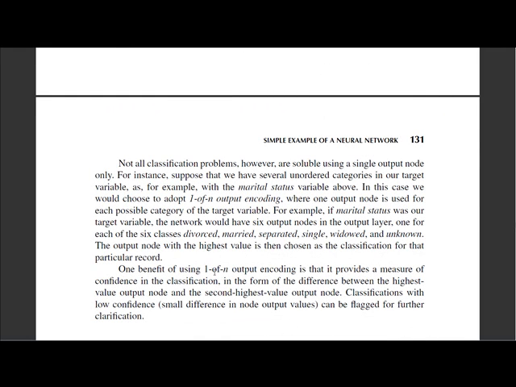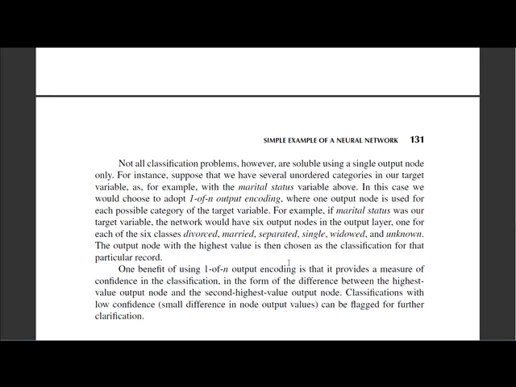Not all classification problems, however, are soluble using a single output node. For example, suppose that we had several unordered categories in our target variable, as with the marital status above. So suppose we're trying to predict marital status.